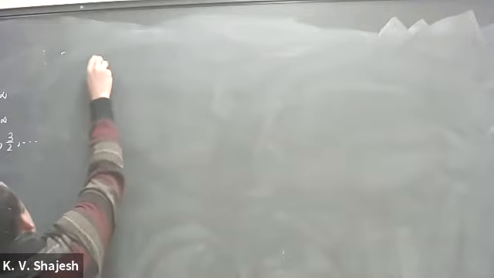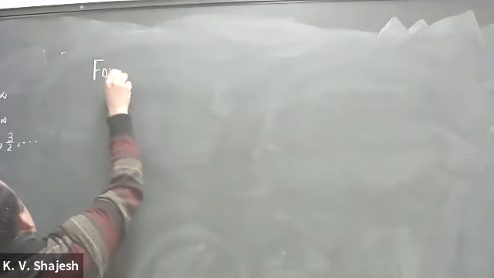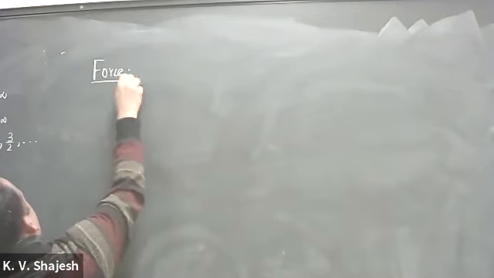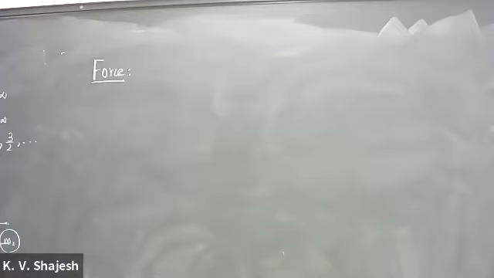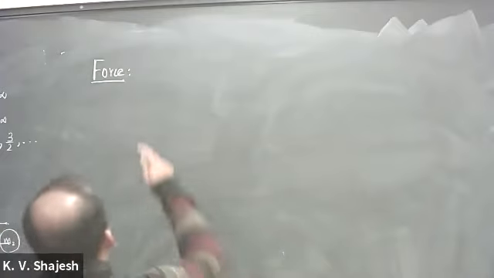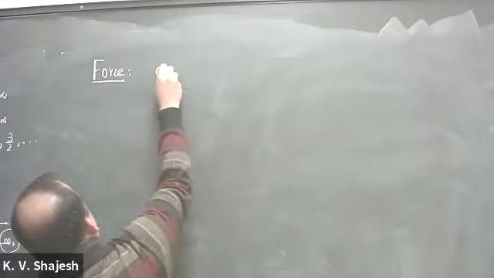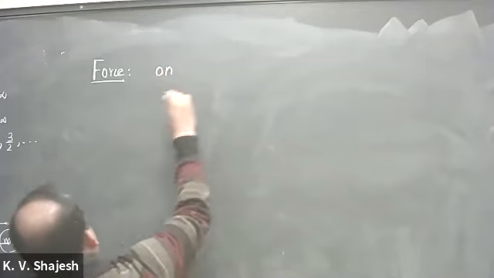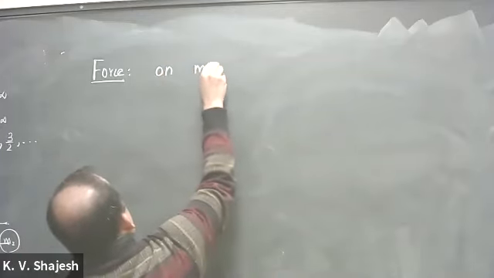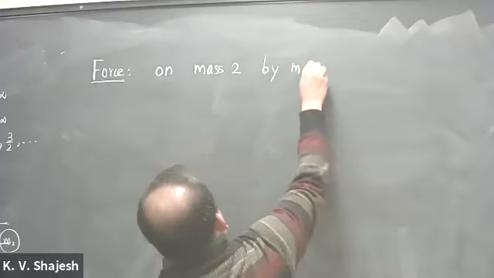So let me talk about a force. First of all, the language itself probably clarifies what it means. When we are talking about a force, we talk about force on mass 2 by mass 1.